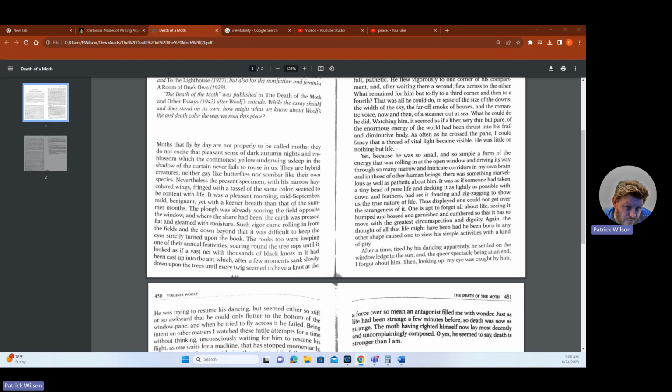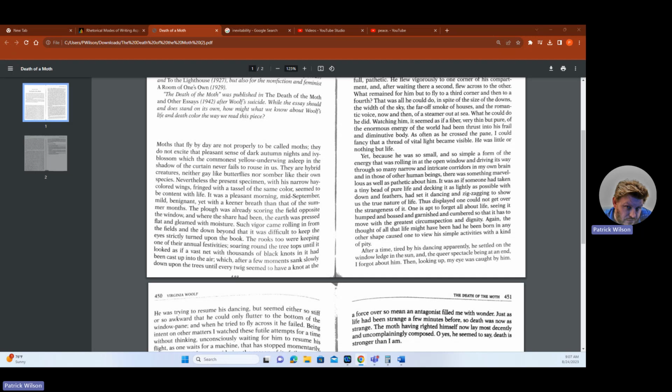So The Death of the Moth is a contemplative and introspective essay that explores existential themes. Through the imagery of the moth's struggle, Woolf crafts a meditation on life, death, and the human condition. The essay's somber tone emphasizes the inevitability of death and the transient nature of all living things.